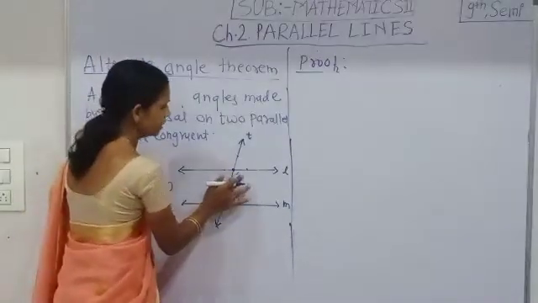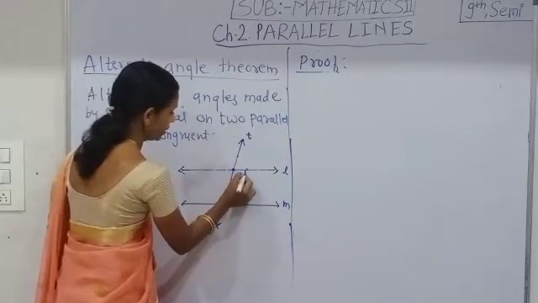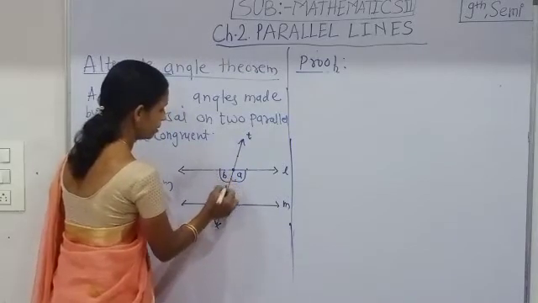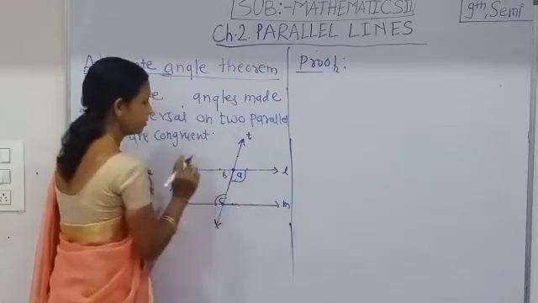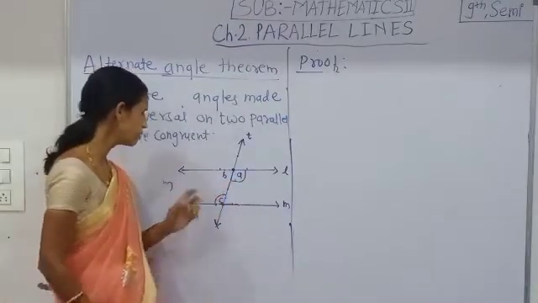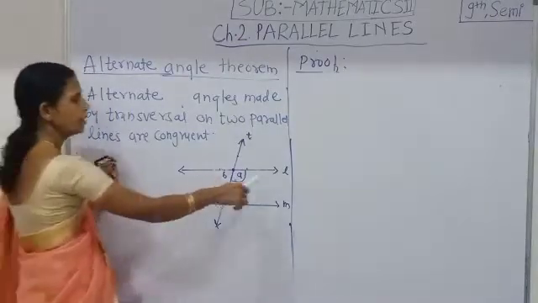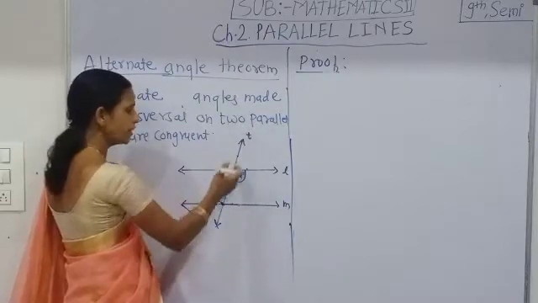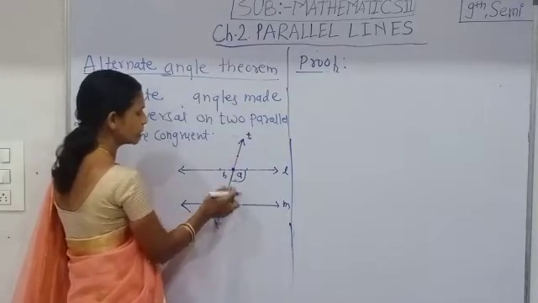Consider angle A, angle B and angle C in the diagram, in which line L and line M are parallel to each other, whereas line T is a transversal intersecting line L and M at two distinct points.